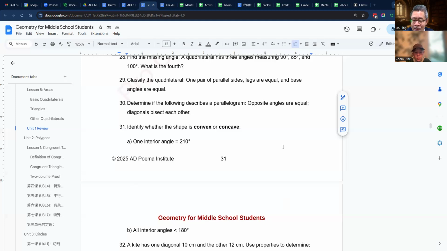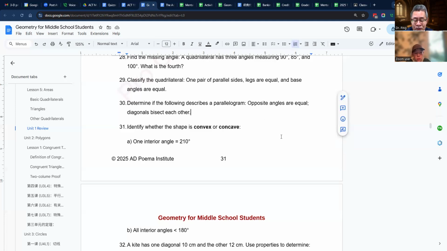So what kind of quadrilateral is that? Good. It's a trapezoid. Very good.